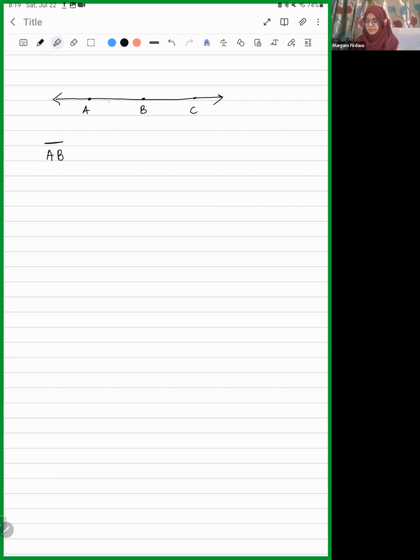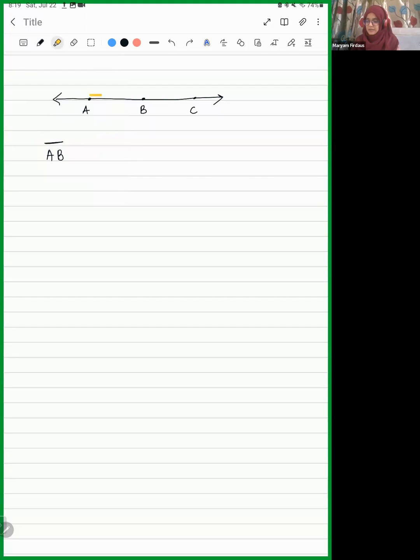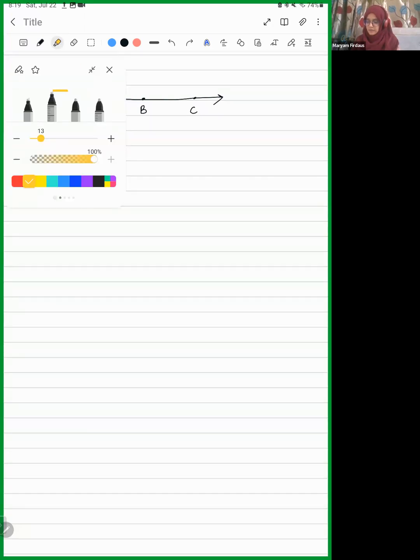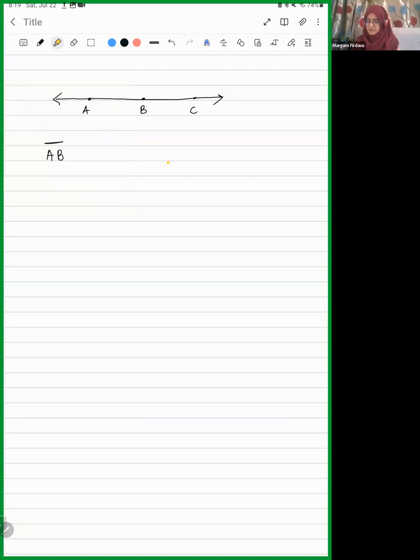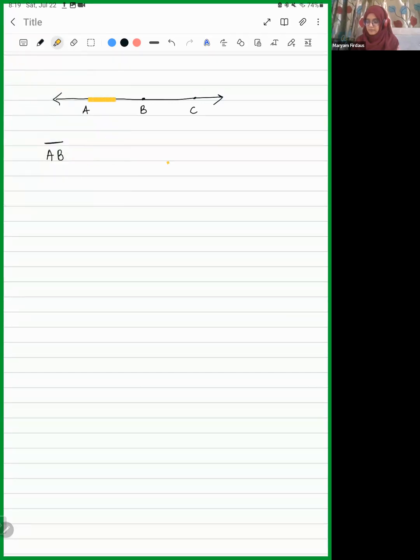Okay, wait, just a minute. We'll have to do it in a different way. So line segment AB is this. Line segment AB is the yellow part. Okay, this is line segment AB.